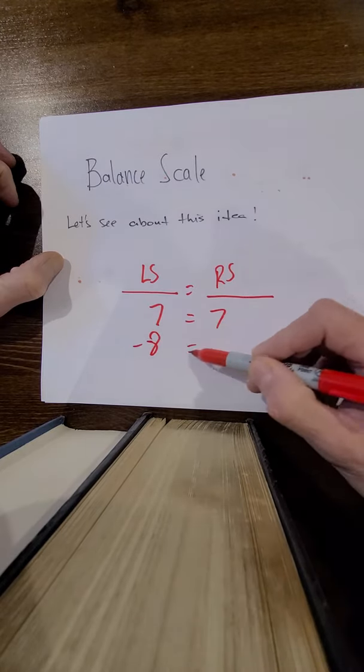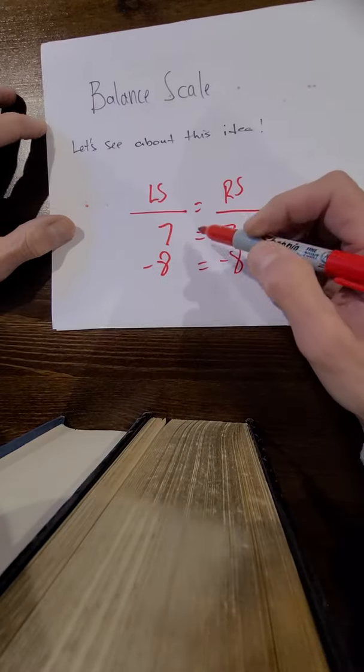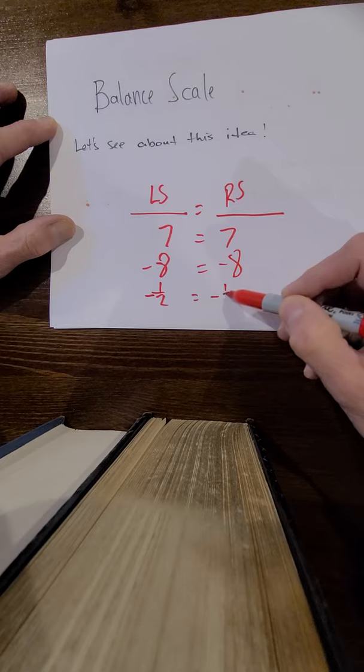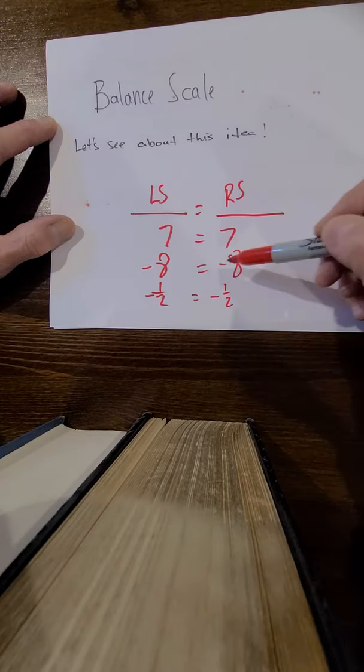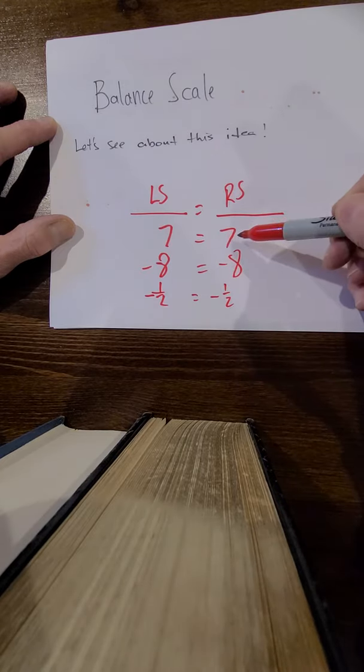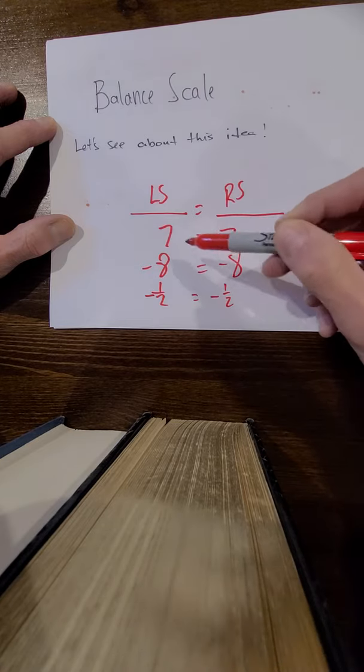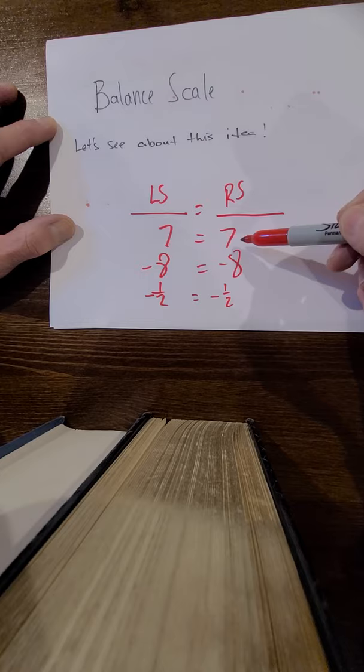Okay, negative 8 equals negative 8. Negative half equals negative a half. It doesn't matter what these numbers are, but they must be the same number, left side and the right side. Pretty easy concept so far, okay?